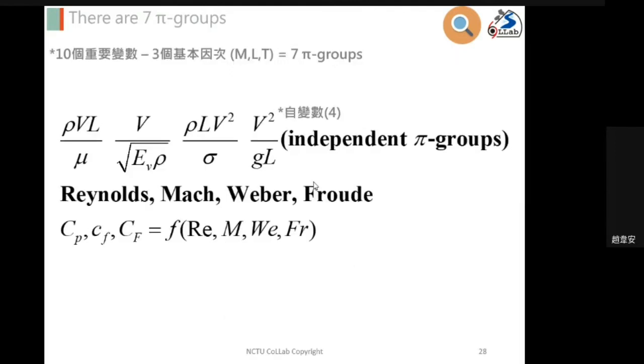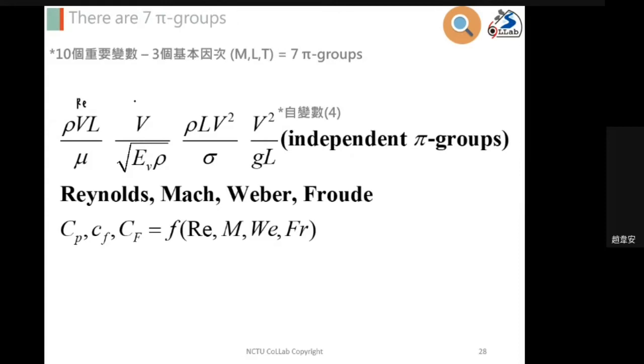So we have an additional 4 independent pi groups. The first one we call the Reynolds number. Right now you are well acquainted with the Reynolds number, but the following 3 you didn't know before.